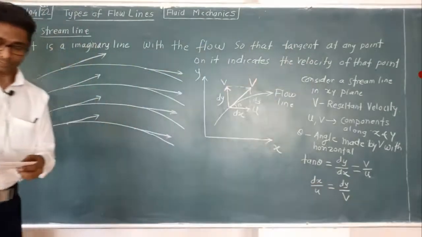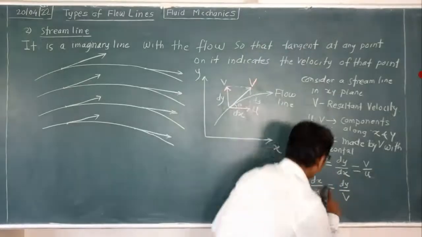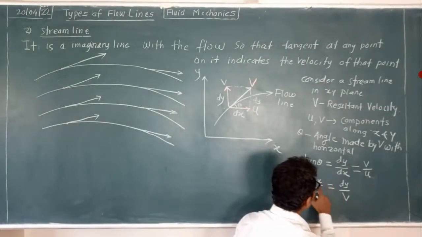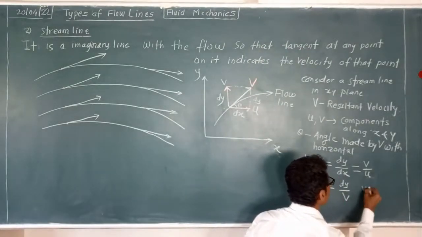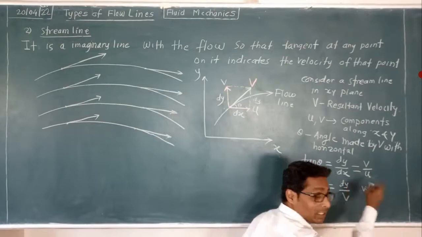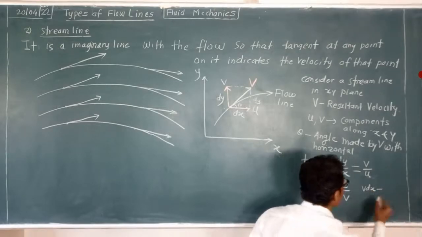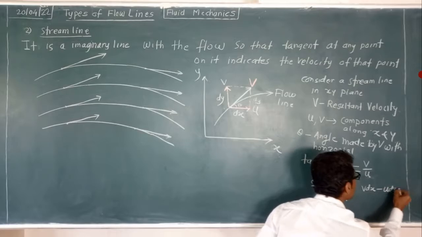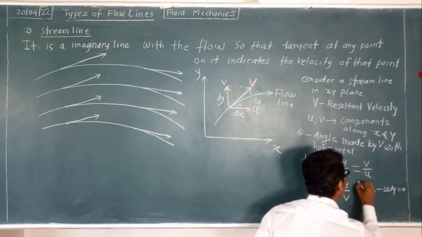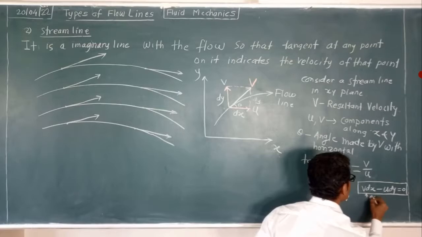After that we can cross-multiply, which means v dx is equal to u dy, and if we bring that to the left side of the equality sign, it becomes v dx minus u dy equals zero. So here we get this equation. This equation is the equation of a streamline.